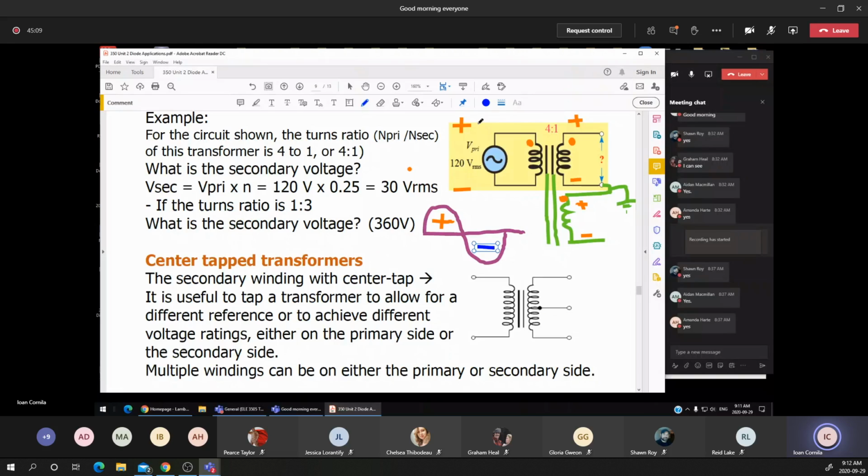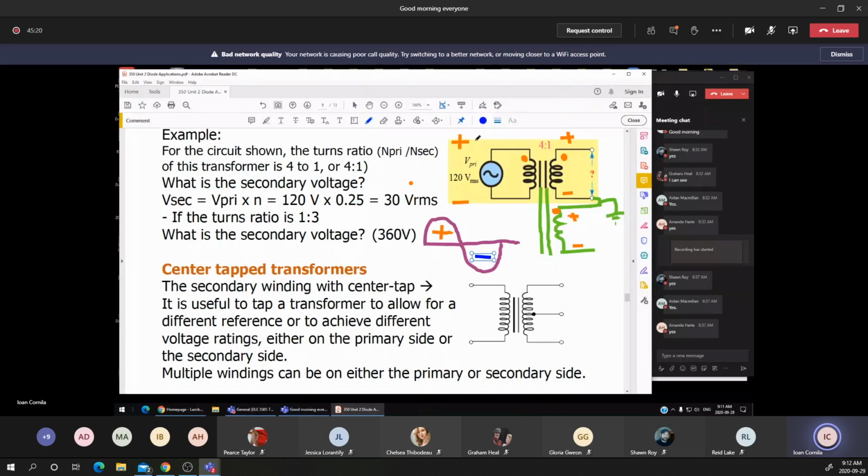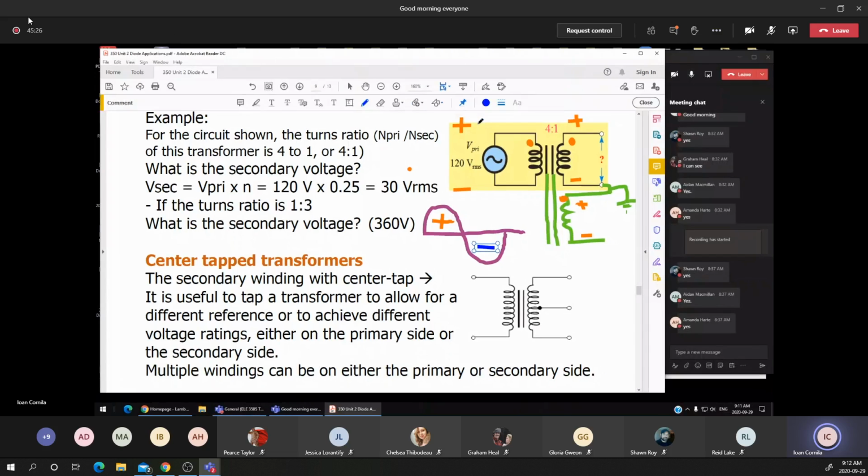I said that voltages are in phase. Negative on the top makes the negative on the secondary winding, positive on the other terminal of the first winding, and in the same way on the second winding, negative on the top and positive on the bottom.